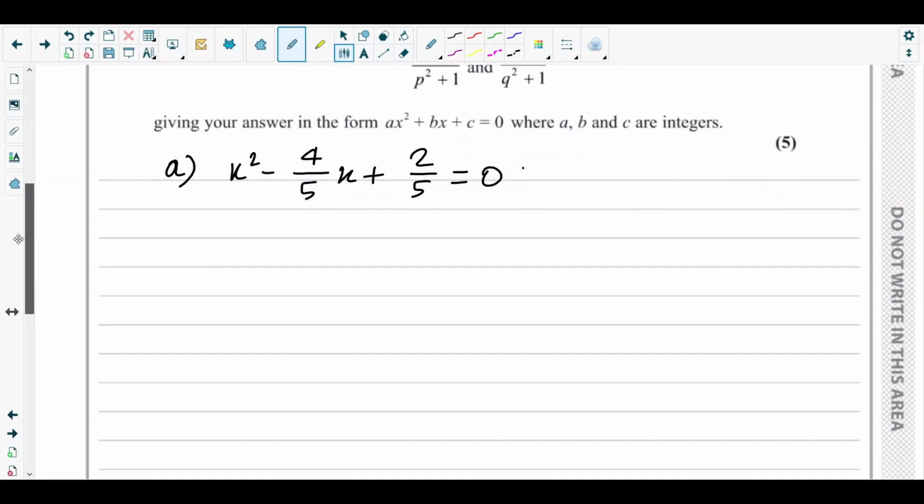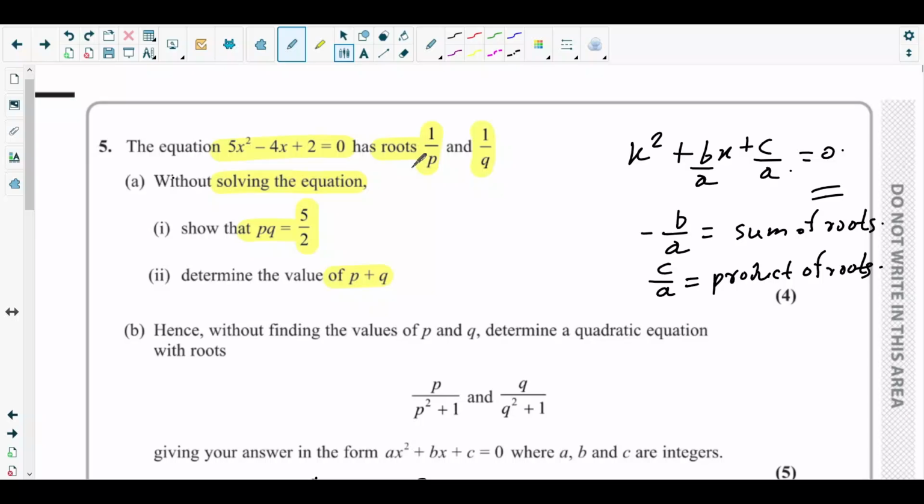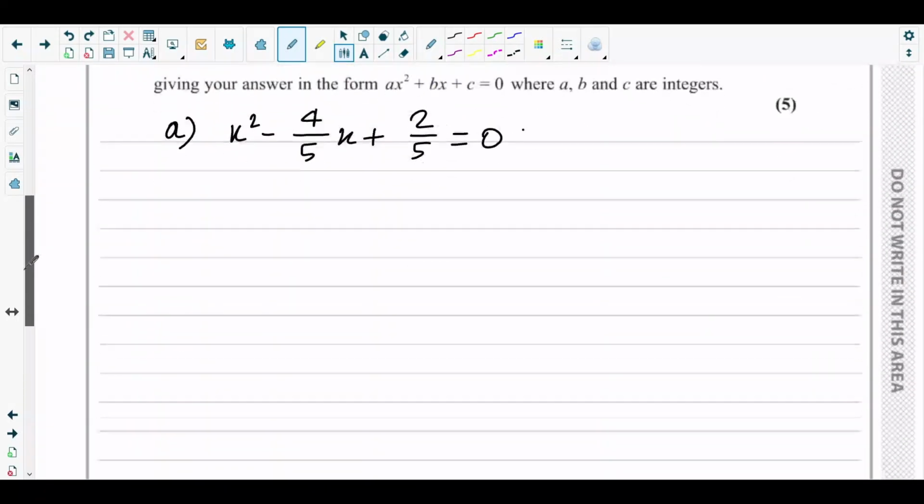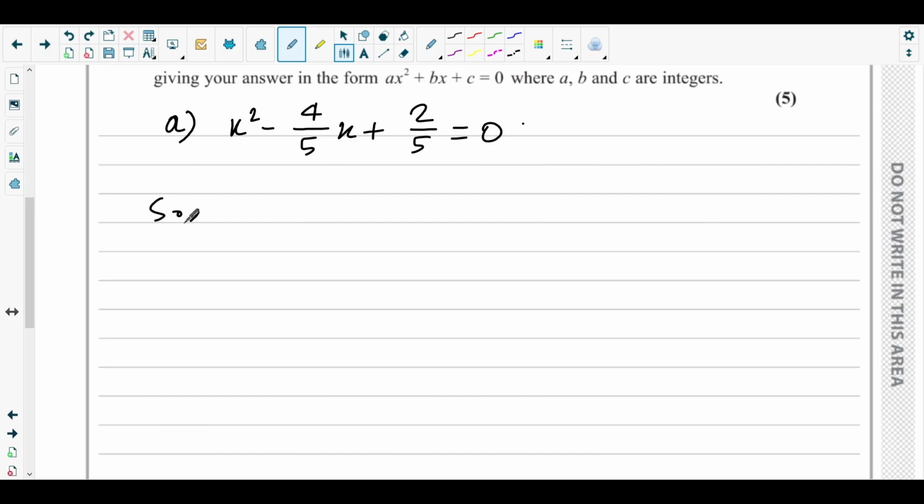That's why we have to represent it in this form. The roots of this equation are 1 over p and 1 over q. So the sum of roots is 4 over 5, the negative of the coefficient of x.